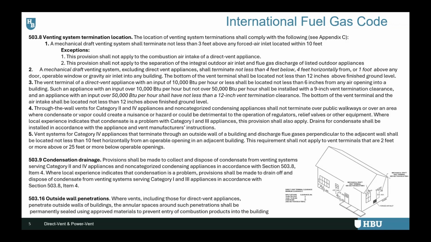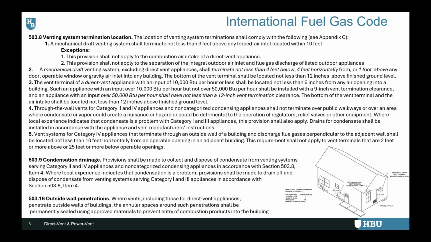Rule number 5. For Category 4 appliances, venting through a sidewall or blowing straight out perpendicular to the wall, the terminal must be at least 10 feet horizontally from any openable window or door in a neighboring building. This provides distance for the exhaust to disperse.